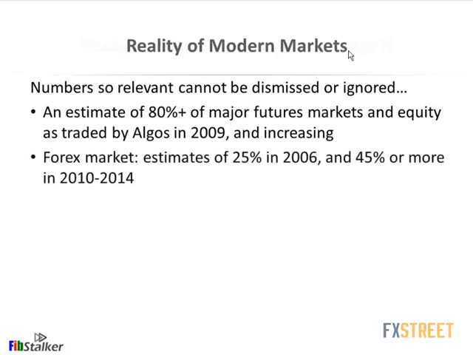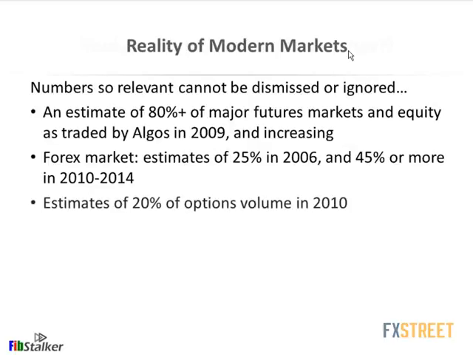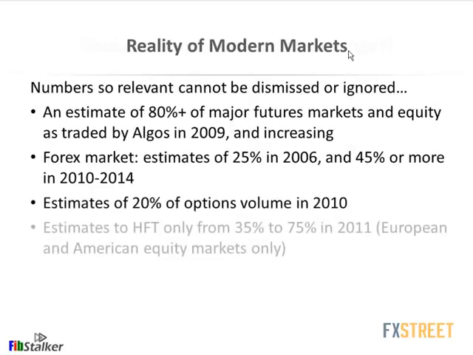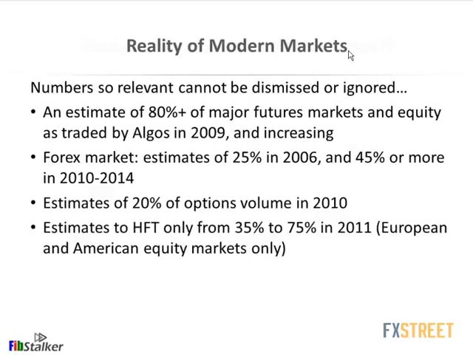Forex market, which is what you are most interested in, is more than 45% in 2010-2014. I'm talking here about volume that is traded by algorithms in these markets. Options, 2010 was 20%, is much higher now. High frequency trading, and everybody is talking about it, is actually 35 to 75% of volume on the equity markets, European and American equity markets.